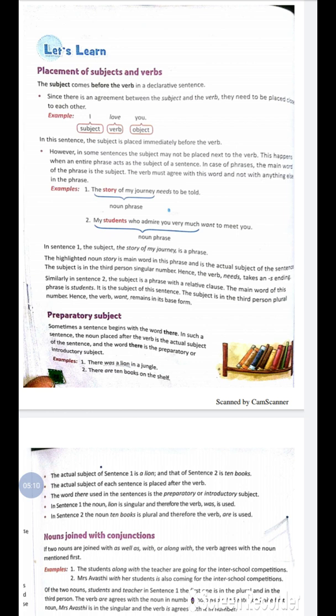So the subject is placed immediately before the verb. Some sentence subject may not be placed next to the verb. This happens when an entire phrase acts as the subject of a sentence.